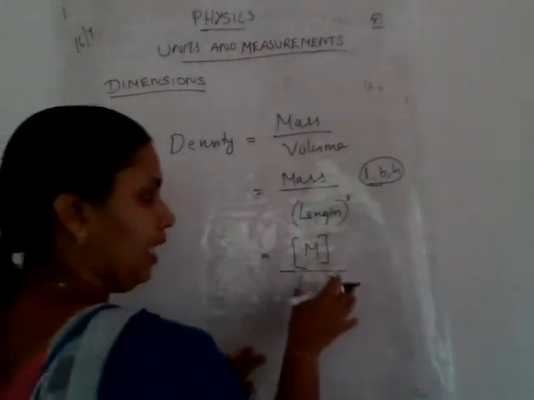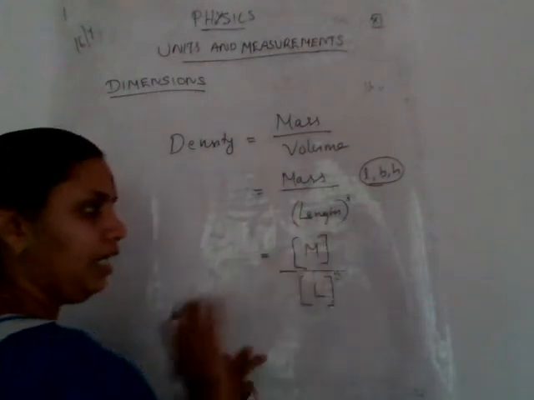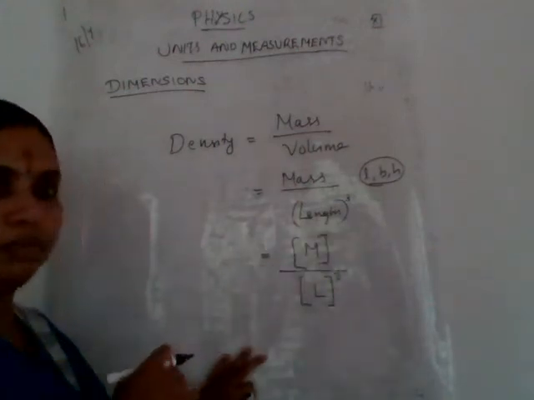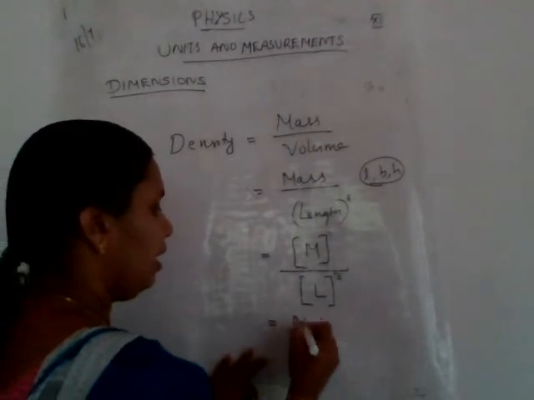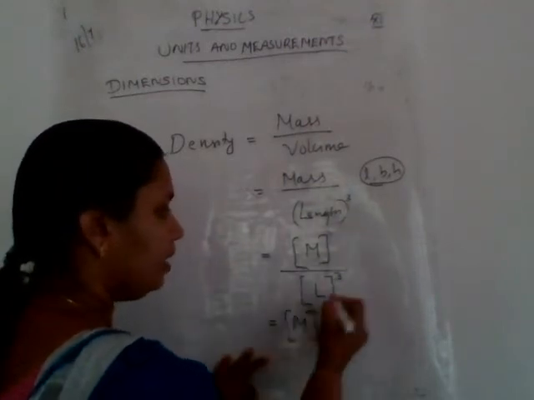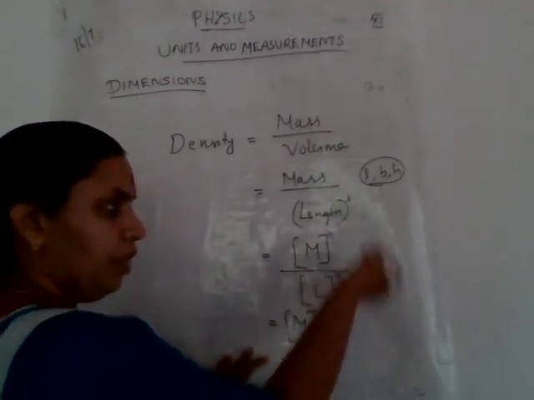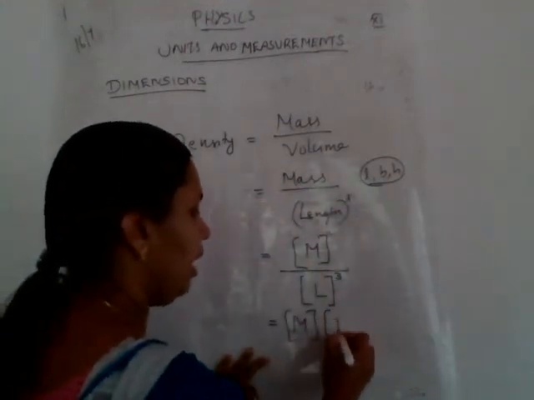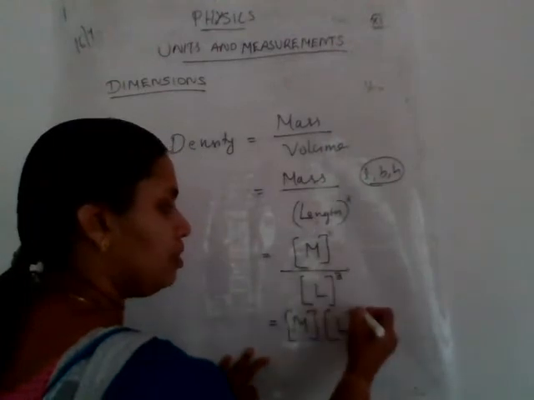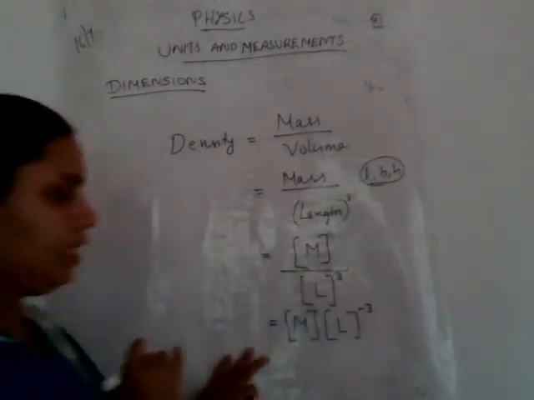We won't write it like this; we will write everything in a single bracket, and we won't use the fractional method. So we can rewrite it as M, and this L cube we bring to the numerator, so the 3 comes as minus 3.